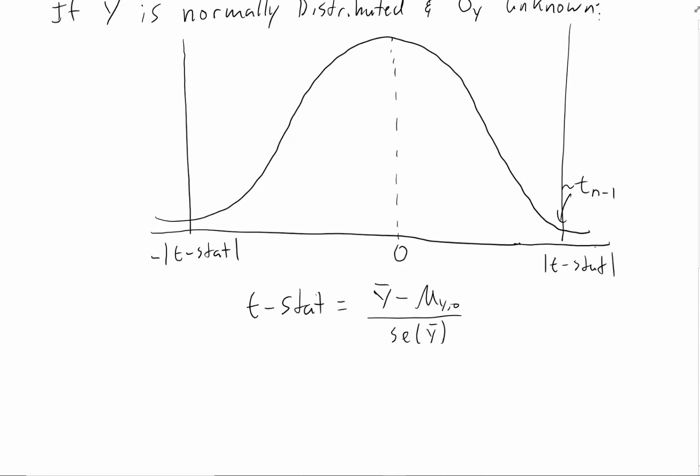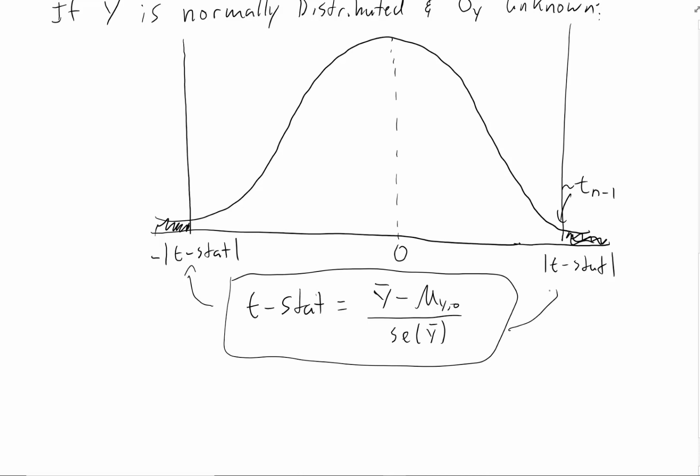The p-value calculates the area to the left and to the right of this t statistic using this t distribution with n-1 degrees of freedom. That's basically saying, what's the probability that we got a t statistic this far away from 0 if the null is true? If that's really low, then we have a really low chance of committing a type 1 error.